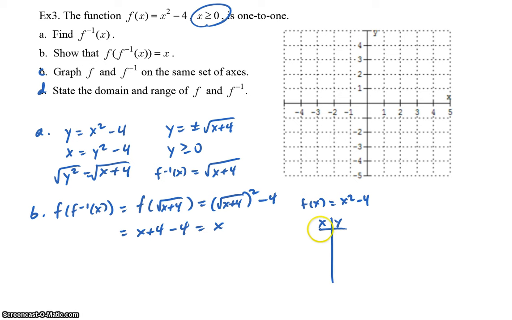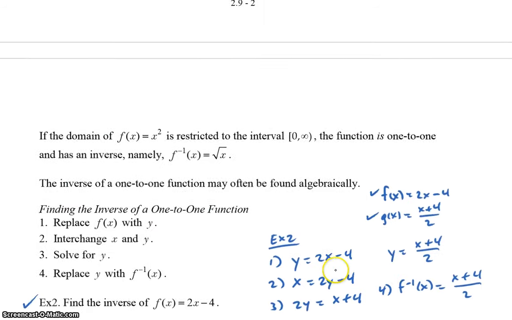So I'm going to choose 0, 1, 2, and 3. To get the y, I square the x and then subtract 4. So 0 squared minus 4 is negative 4. 1 squared minus 4 is negative 3. 2 squared minus 4 is 4 minus 4, or 0. And 3 squared minus 4 is 9 minus 4.